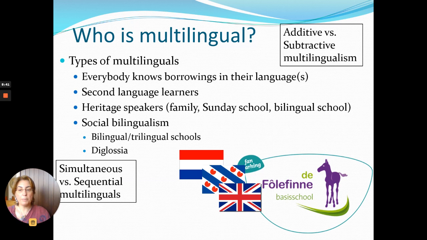There is also a technical term, diglossia. Diglossia just means when a community decides not to include all of the languages in, for example, public life or the school system, as in the case of the Frisians, but actually decides that some of the languages belong to the private sphere and some to the educational sphere, or to the public sphere, the political sphere, the intellectual sphere, the religious sphere.